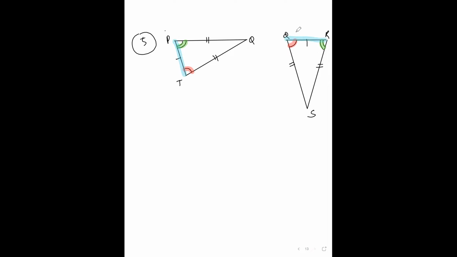Now, triangle QRS, which one? Which angle is corresponding to angle Q? Look at angle Q, the red angle. TPQ. Triangle QRS is congruent to triangle TPQ.